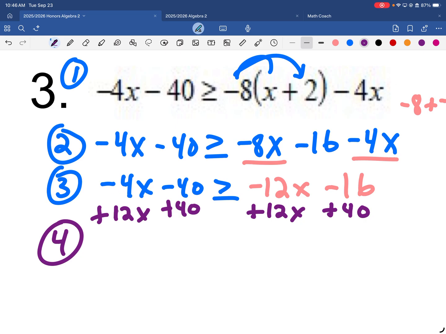So negative 4 plus 12, 8. Greater than or equal to 12x, that's nothing. Negative 16 plus 40. 24. Is that right? 24. Going to divide by, oops, going to divide by 8.